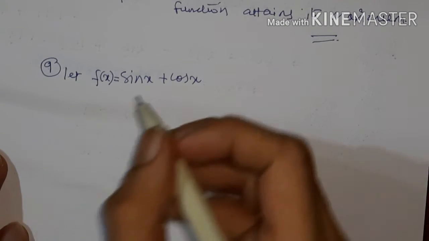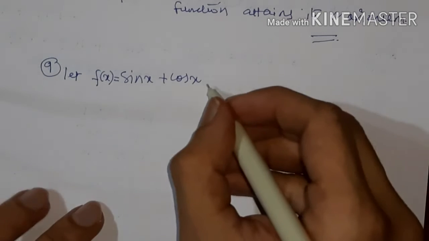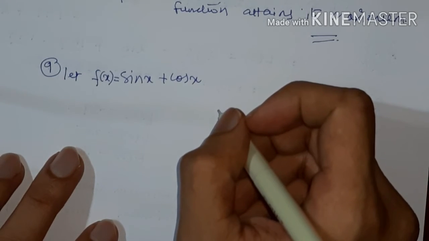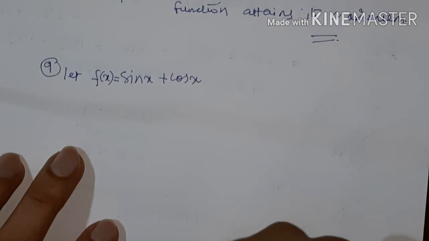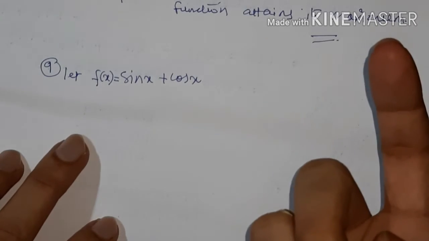Now once you call the function f(x), you see that they have not given you the domain. They have just asked you to find the maximum value of the function sin x plus cos x.